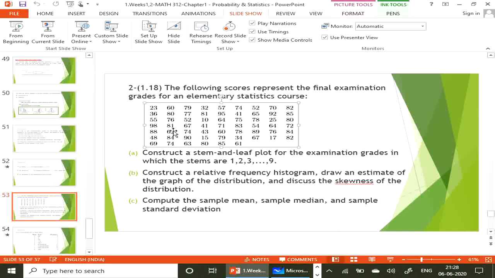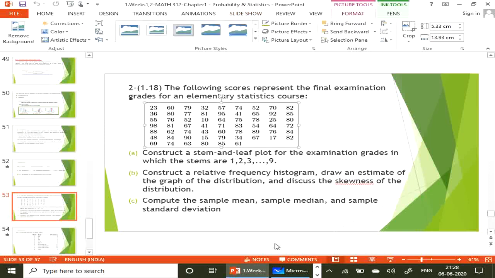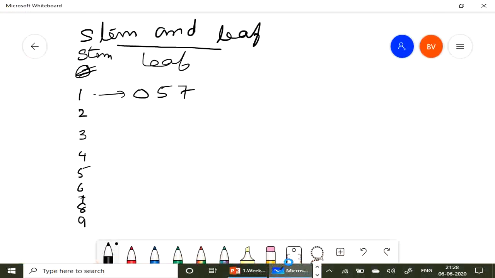Did I miss anything or what? Only 23. So I think only 1 leaf. Did you find anything else starting with the 2? Yes, 25. Here, 23 and 25. So first stem 2, leaves 23, 25. 5 for 25, isn't it?